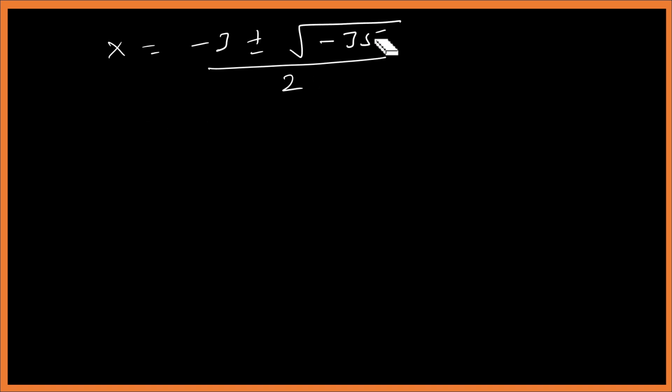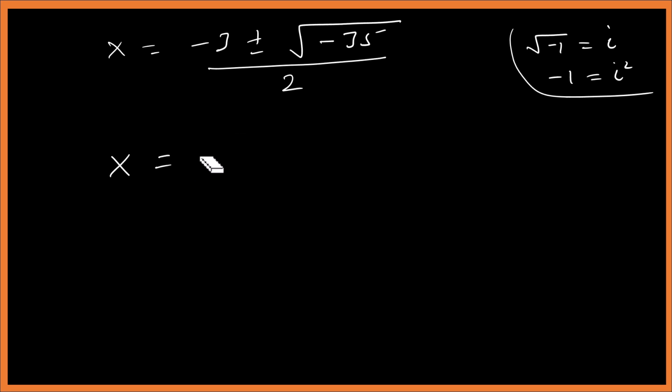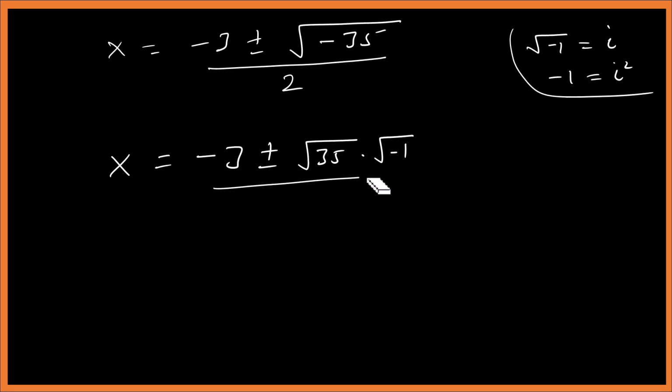So from complex numbers, now the square root of minus 1 is i, therefore minus 1 is the same as i squared. So let's write the numerator as minus 3 plus or minus the square root of 35 times the square root of negative 1, on 2.